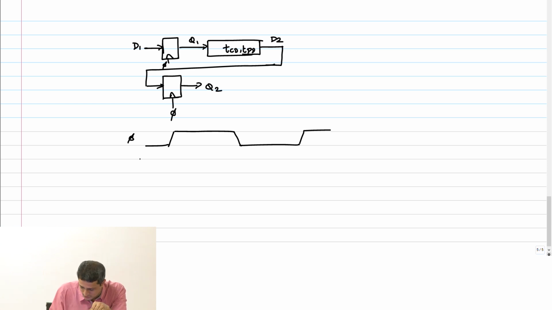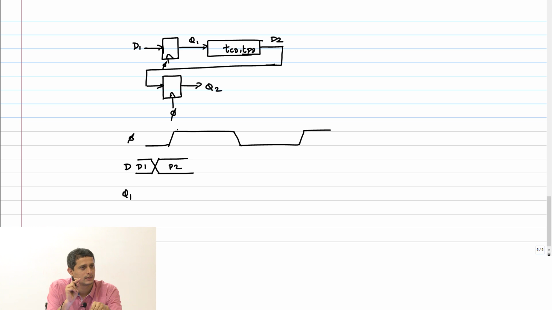Data on D has changed. This is D1, this is D2, right? Q1 starts changing at TCCQ, right?